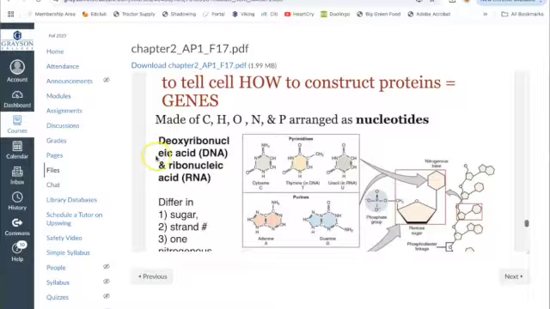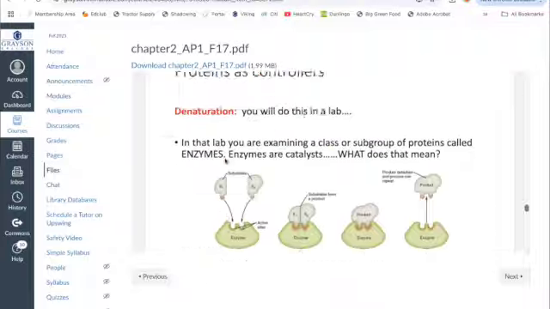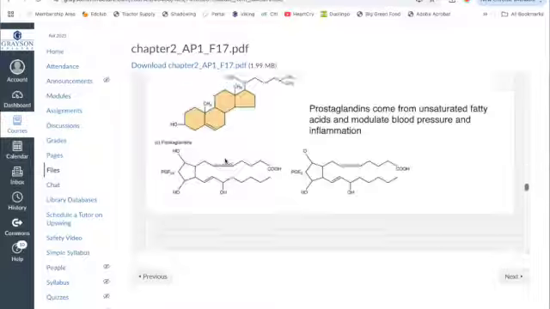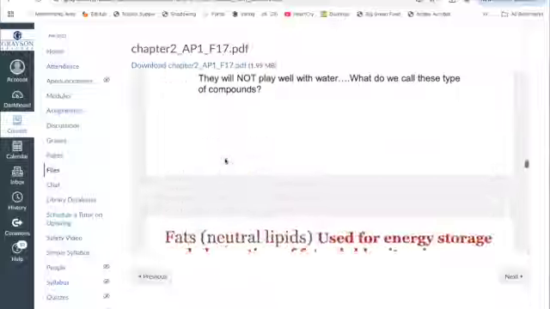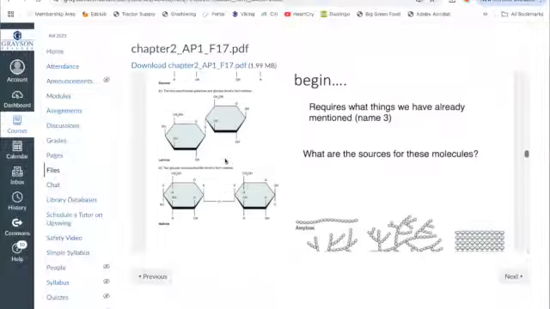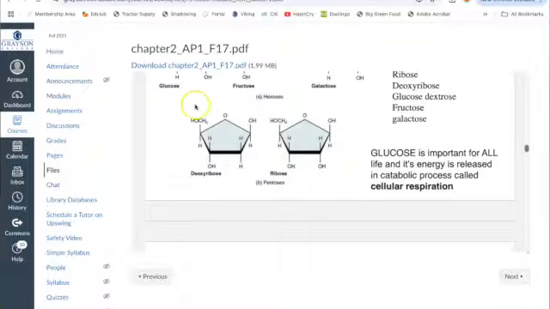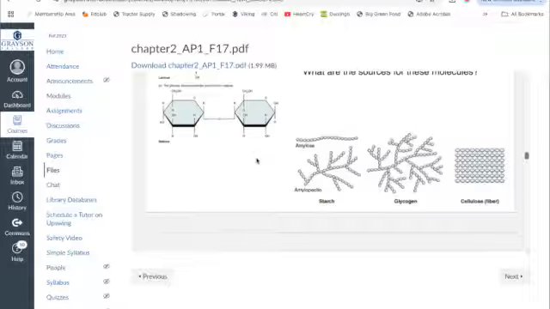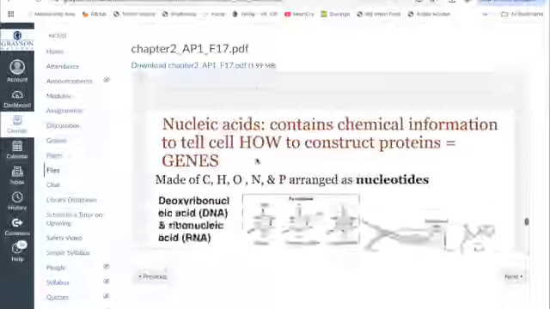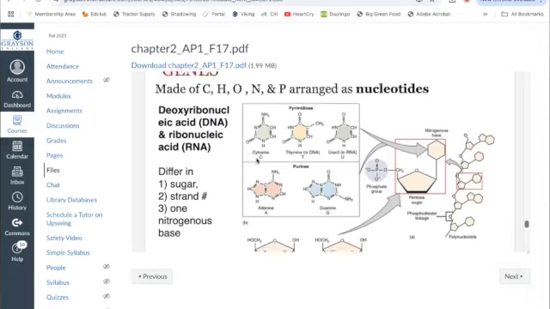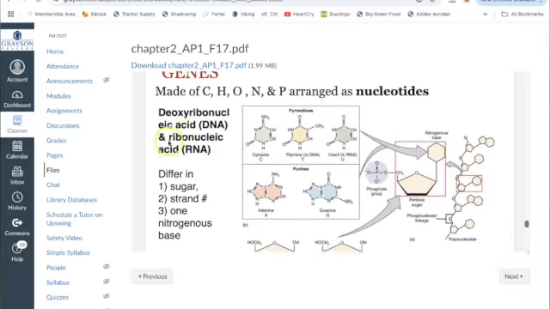So DNA is deoxyribonucleic acid. We've seen when we did the sugar part right here. Oh, there you go. Deoxyribose. So this is used in DNA. And the ribose, ribonucleic acid, is used in RNA.